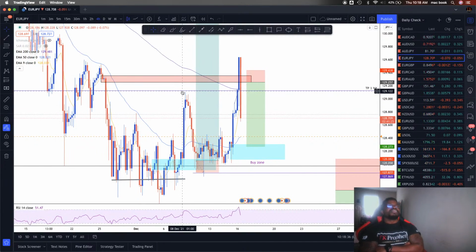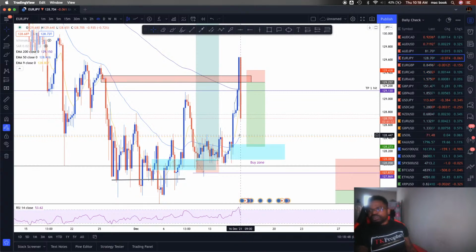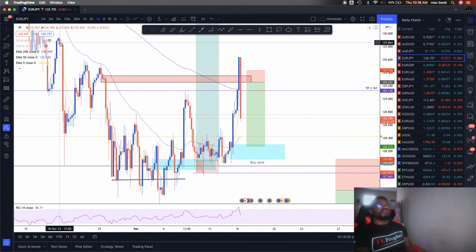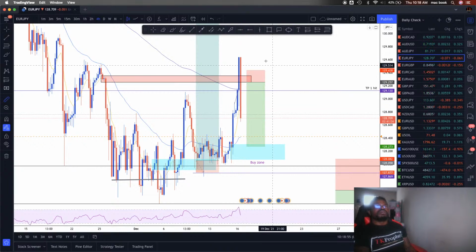But anyway, this morning we were looking at the possibility of EJ pulling all the way back to retest this level before continuing the uptrend. I really wanted to get in on that sale, but it happened outside of our trading hours, so it's okay.